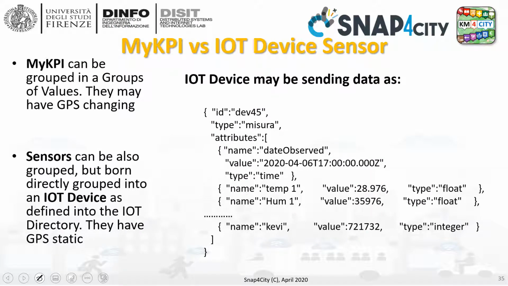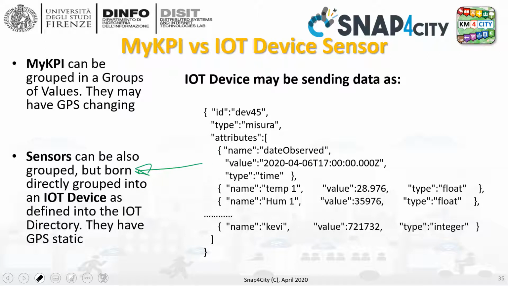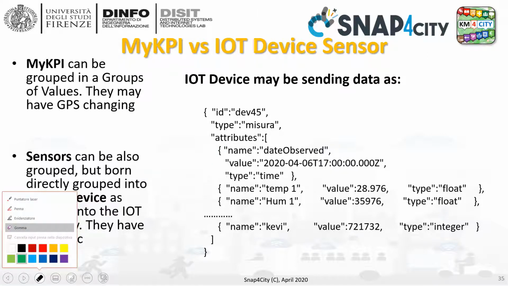The MyKPIs are typically single value, while sensors can be grouped in multiple values. While a sensor is an element of a device. For instance, this is a sensor. Oops. Let me do a different example.